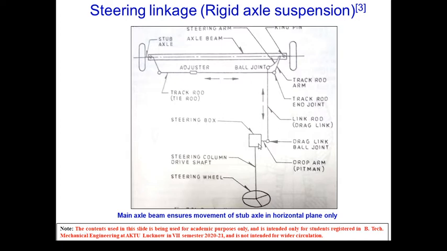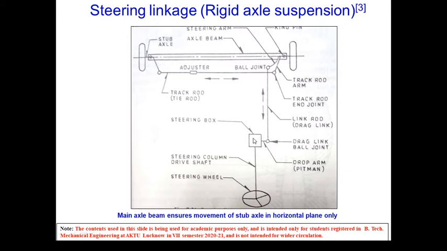Here we can see the location of the steering gear that provides a mechanical advantage. What's the benefit? It serves the purpose that only a small effort is required at the steering wheel to apply a much larger force to the steering linkage. This purpose is basically served by the steering gearbox.